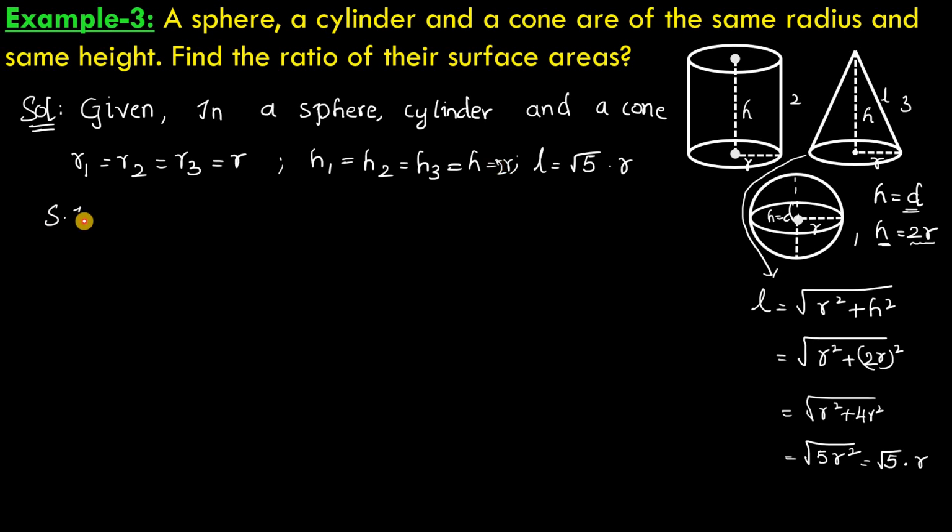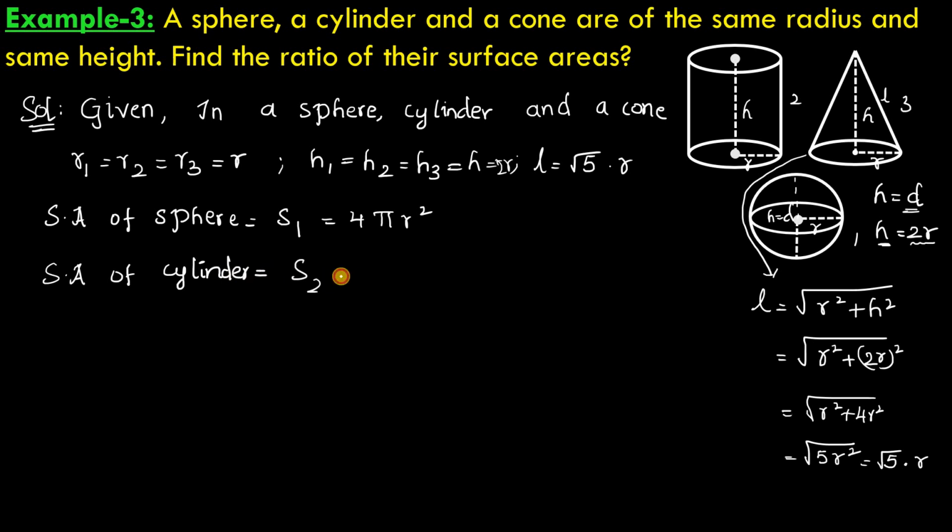Surface area of sphere S1 is 4 pi r square. Surface area of cylinder S2 is 2 pi r h. We know h is 2r.